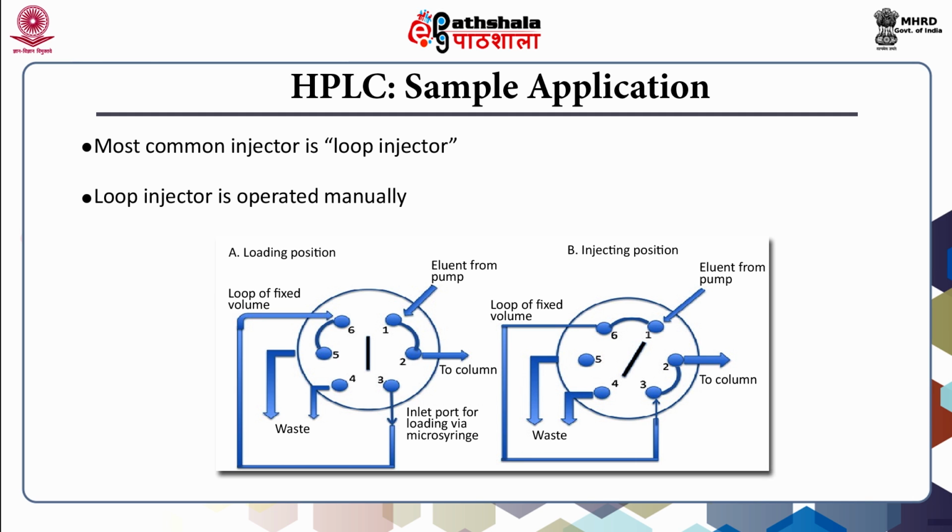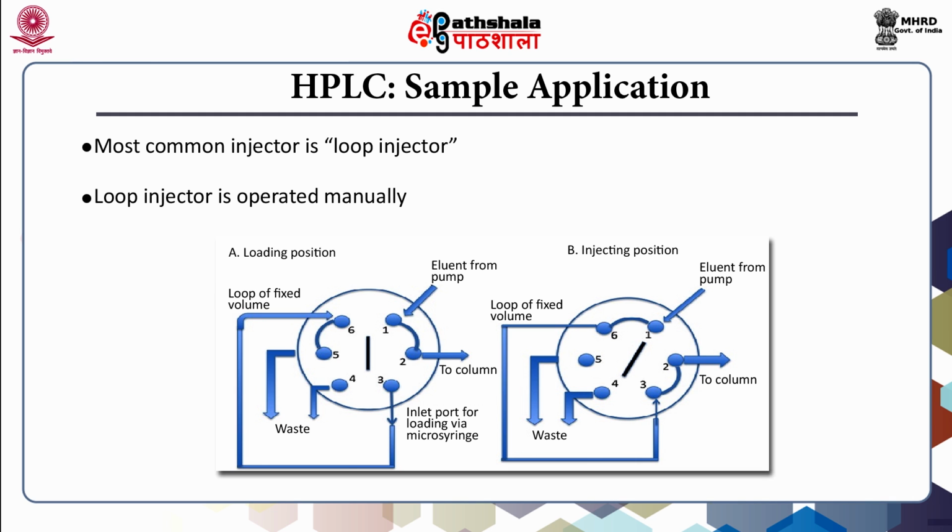Let us observe the connections of tubings in the loading position. In this case you can see the numbers 1, 2, 3, 4, 5, 6. There are 6 ports, and there is a connection between the first port and the second port. In this case the eluent is coming from the pump to the first port, and through tubing it is connected to the second port, through which it goes to the column.